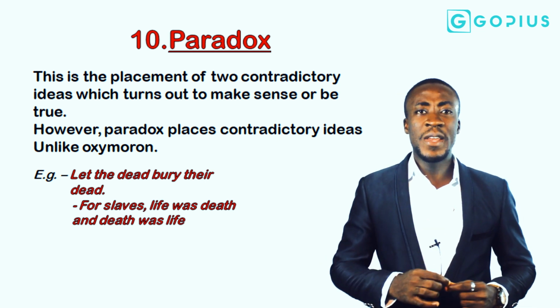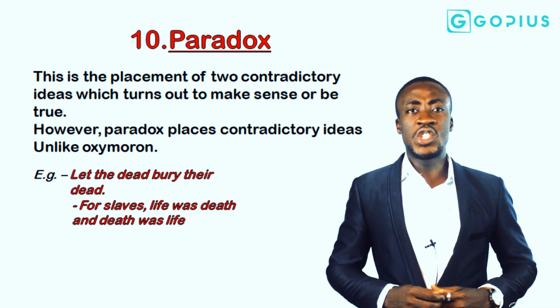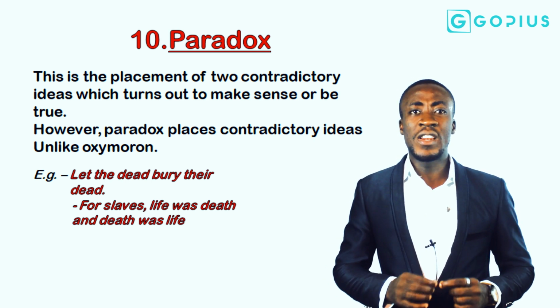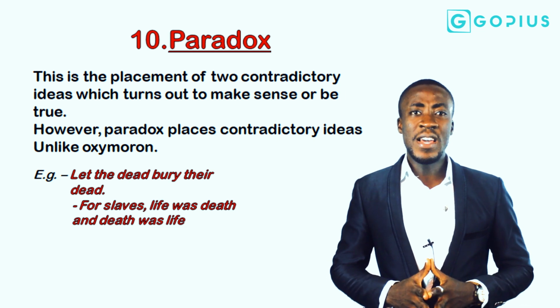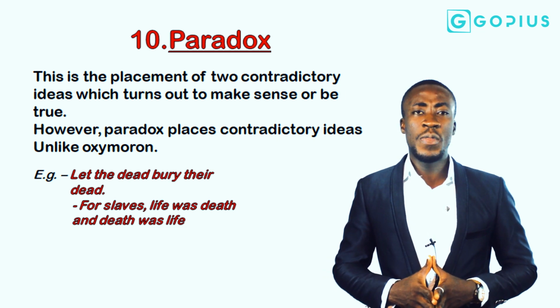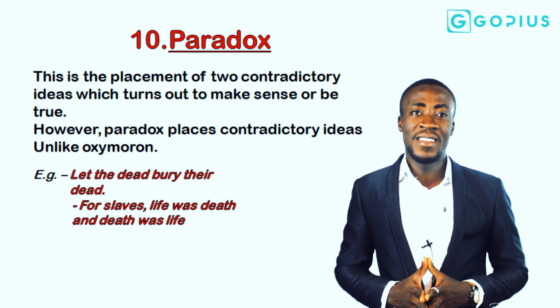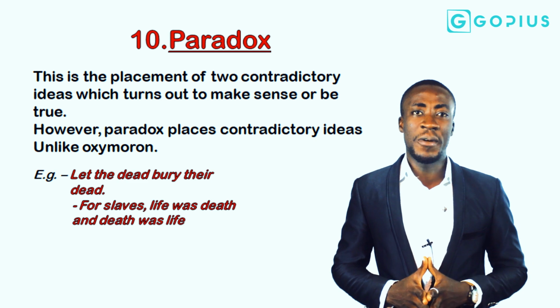But a close examination will reveal that the torture of which slaves go through was synonymous to even death. It talks about the torture, the pains of which slaves go through. That, of course, will not be able to say that they are living. These things are contradictory.